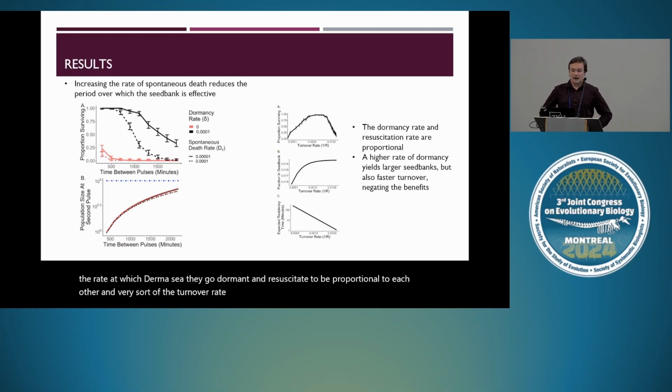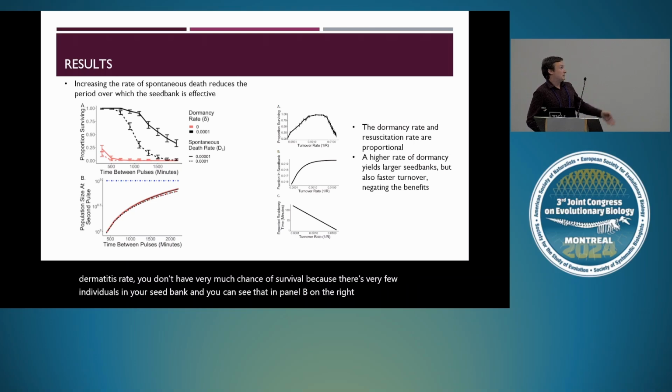What we can see is that if you have a very low dormancy rate, you don't have very much chance of survival because there are very few individuals in your seed bank. And you can see in panel B on the right that the seed bank also saturates very quickly with the turnover rate. However, what doesn't saturate quickly is the effect on residency time.